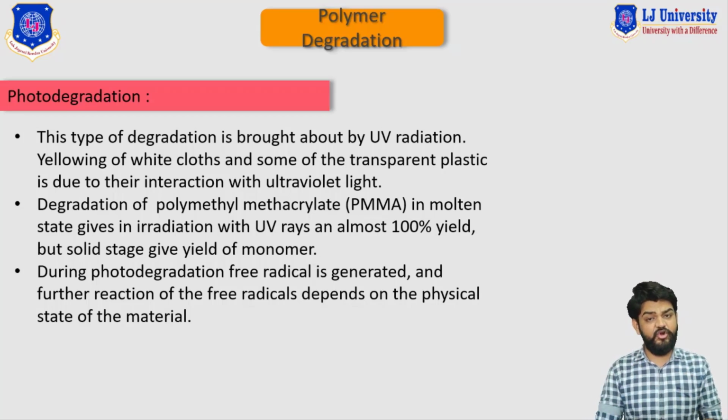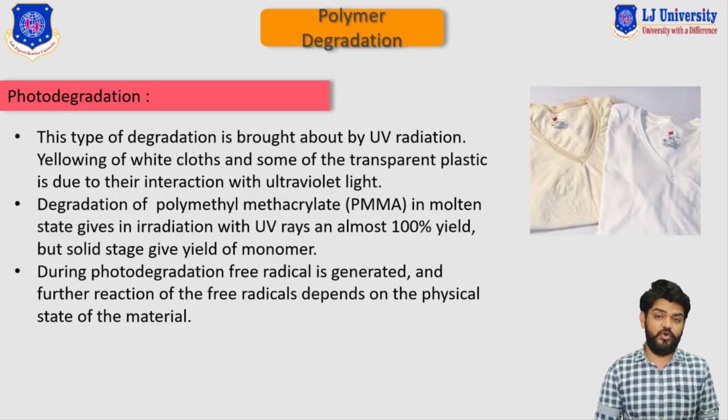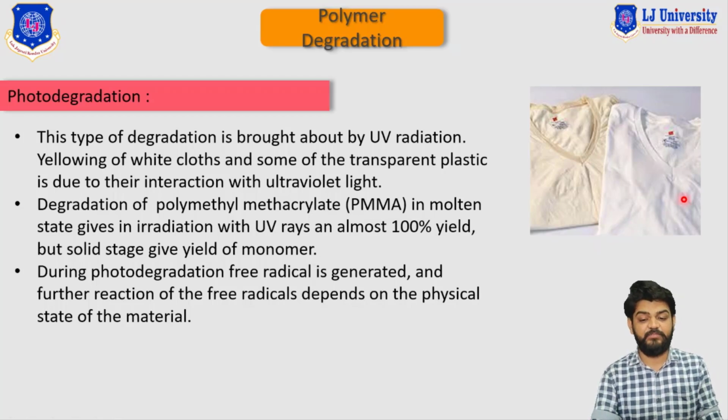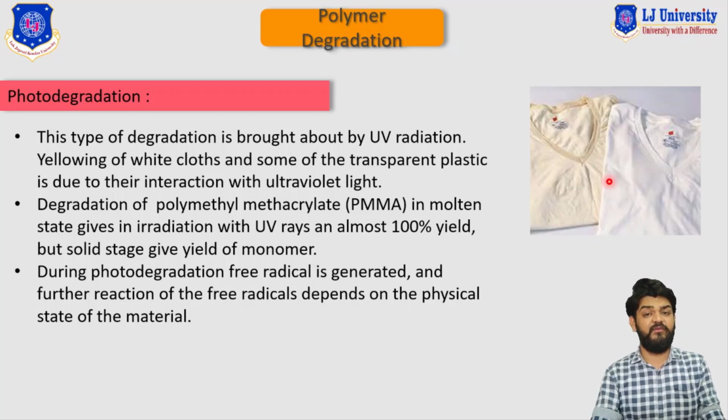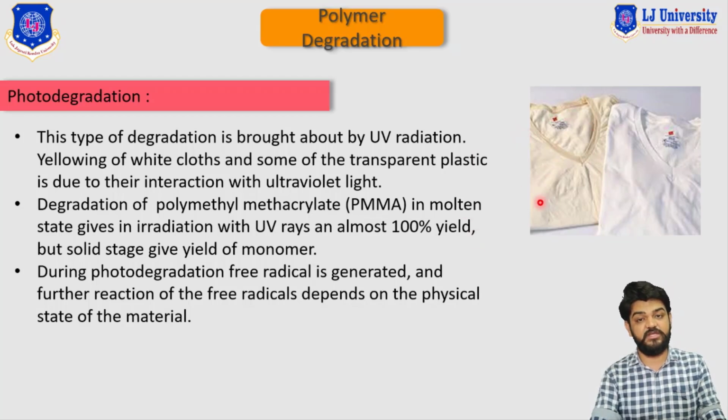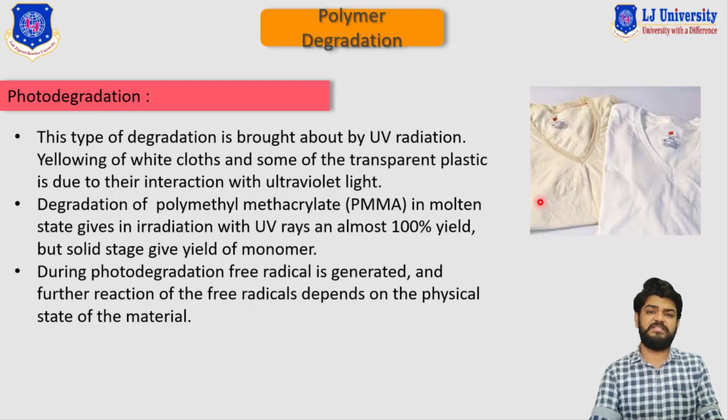You may have noticed that your white cloth, such as this white t-shirt, after long use or after a certain time of washing, turns yellow. This is the freshly bought white t-shirt, but after some use or some washing, it becomes yellowish like this. So this is the main reason behind the photo degradation of polymers.